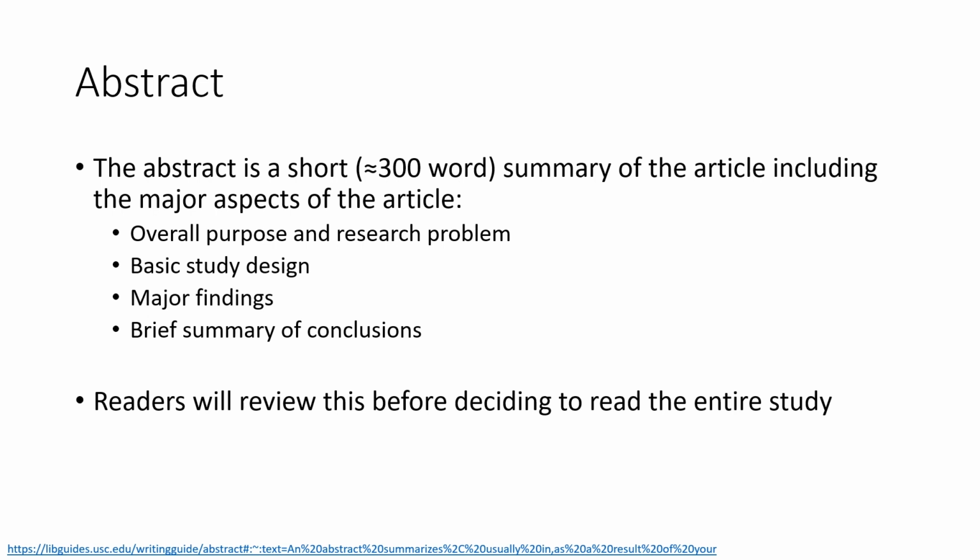The purpose of the abstract is that it allows the reader to review the main points of the article before deciding if they want to read the entire article, because reading an article is time consuming. So if it's not going to provide the information you need, there's no point in reading it. The abstract gives you a sneak peek as to whether the article is going to be useful for you. It's kind of like the Cliff Notes version of the article.